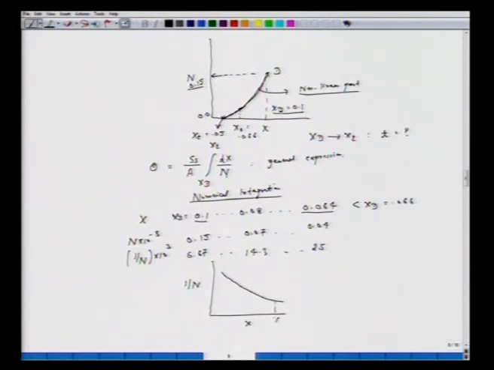You have Xd, you have X2. Essentially, this integration of dX by N between Xd and X2 is nothing but the area under this curve. So calculate this area under the curve, take this as an exercise, put the values of Ss and A to calculate theta. The time taken to reduce the moisture content from 0.1 to 0.066 is approximately 24,000 seconds.